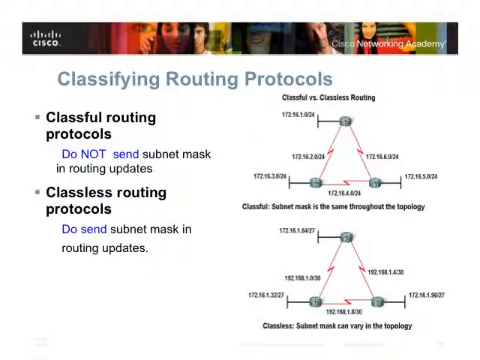Very few people in the world have class A addresses, like Microsoft, like IBM or something like that. And each class A has up to 2 to the power 21 hosts in the network, which is extremely large.